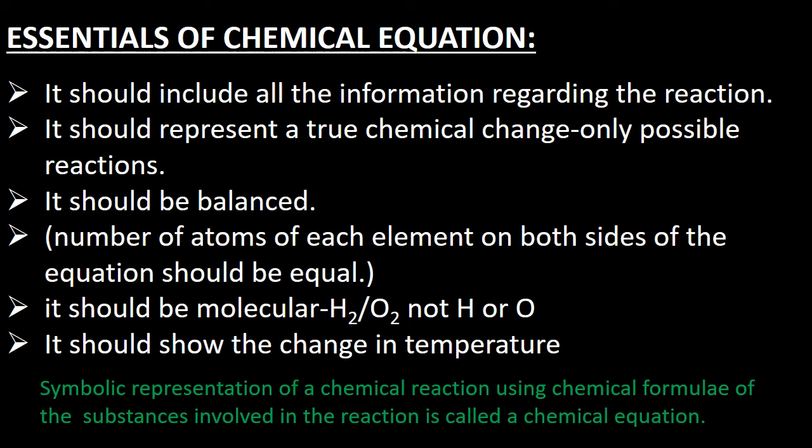What all things should be there in a chemical equation? Always remember, whenever you are writing a chemical equation, it should carry all the information regarding the chemical reaction. You have to always represent a true chemical change.